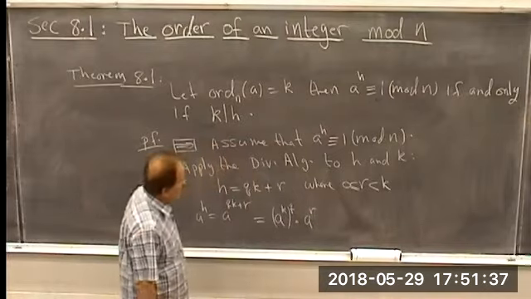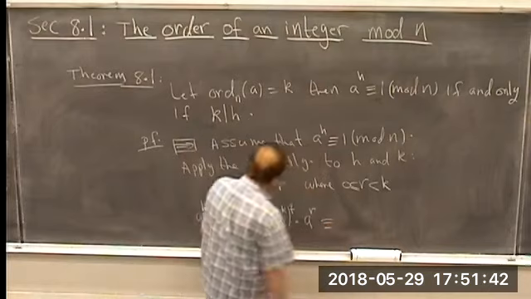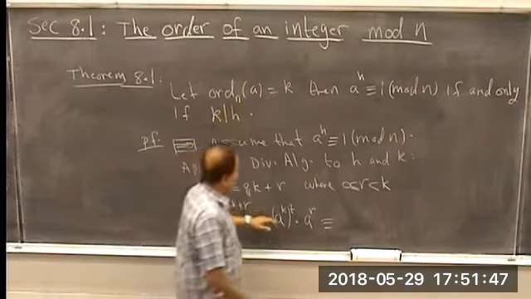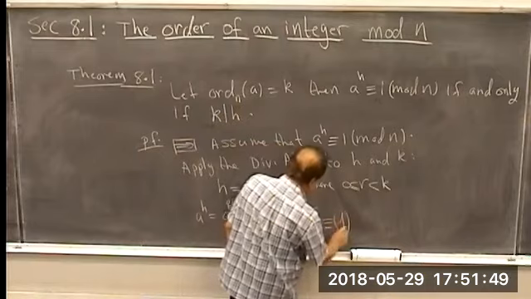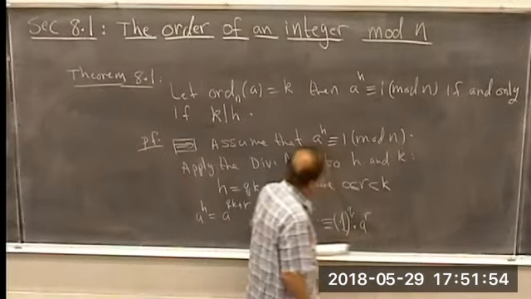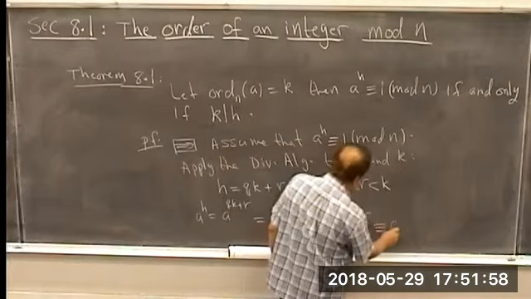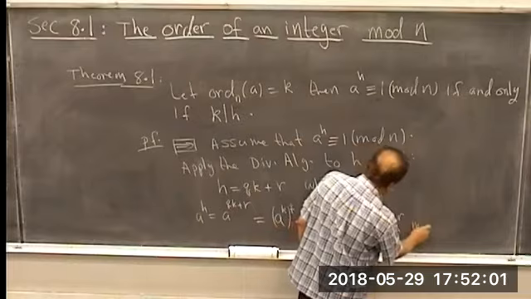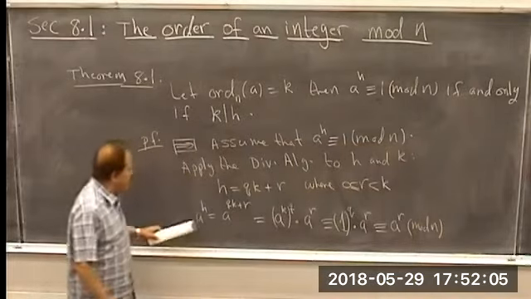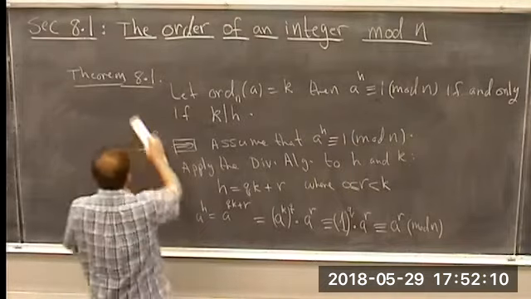Now this is congruent to, because the order of A is k, A to the k is equal to 1, so we have 1 to the q times A to the r. And 1 to the q, of course, is equal to 1, and this becomes congruent to A to the r mod n. But remember that we have A to the h is congruent to 1 mod n, that's by assumption.